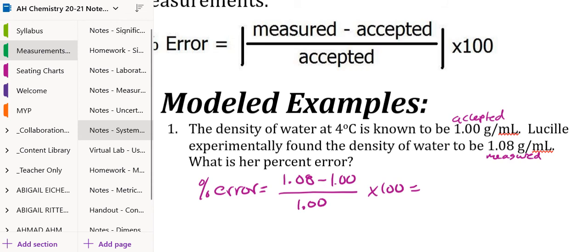So I would take anywhere from 1 to 3 significant figures is correct. Let's report it with 3. So if we multiply our error by 100, what do we get? 8%. Good. Very good.